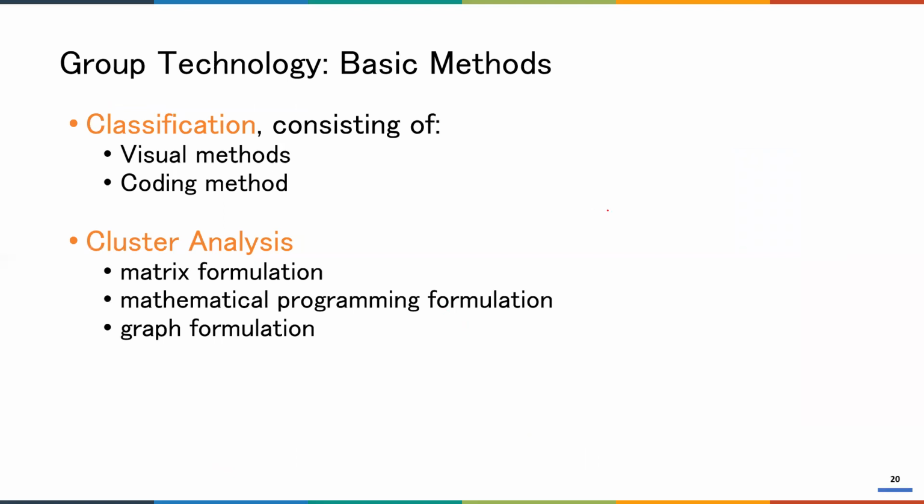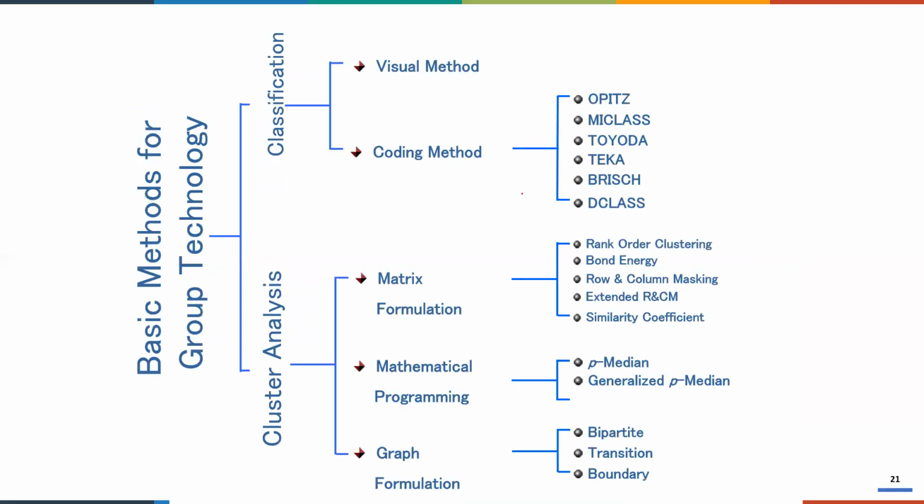And to do GT, or group technology, there are several basic methods that we can use, including classification and also cluster analysis. For classification, it is more about how we group our product. Because it's still group technology, what we group in the classification method is the product. That's why we can use a visual method and also a code method.